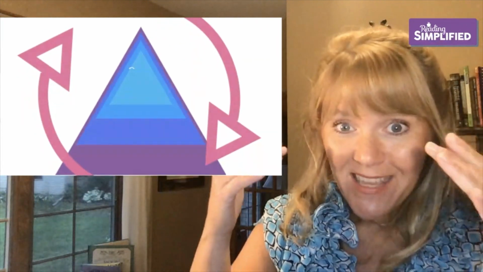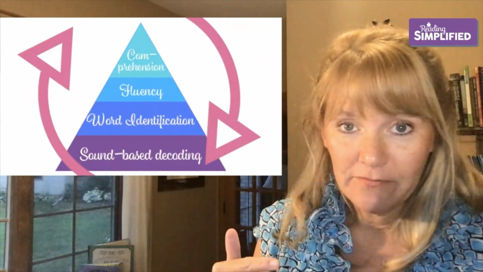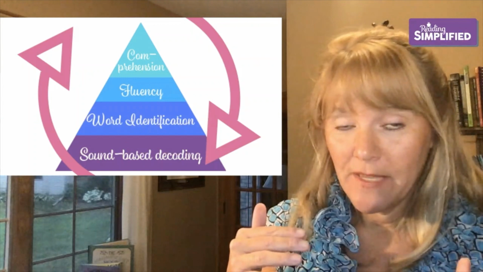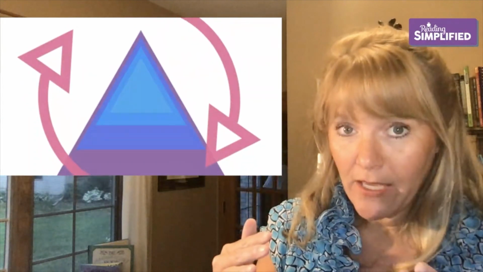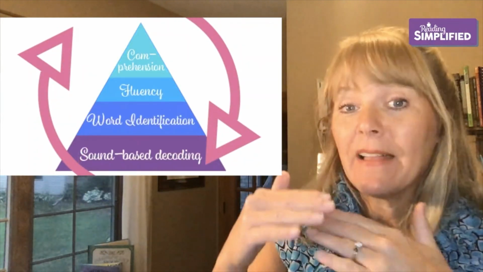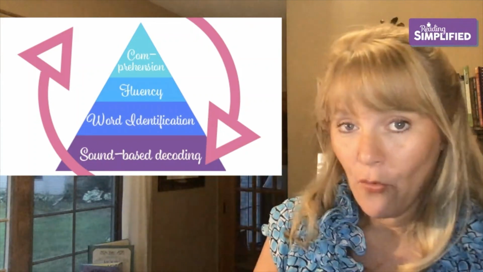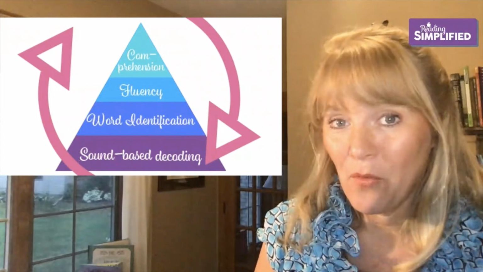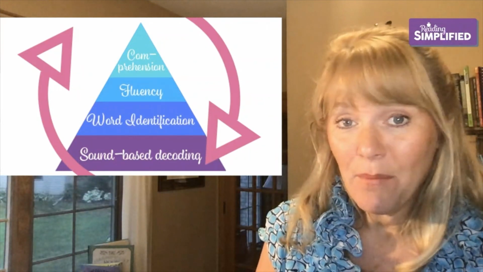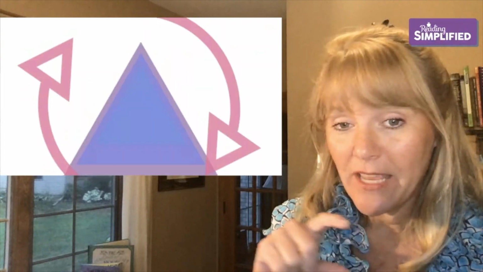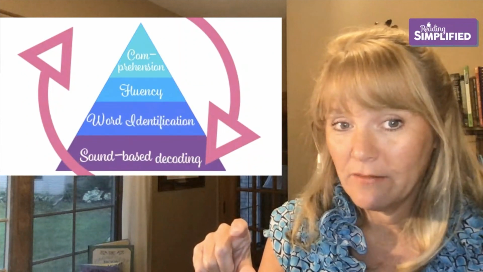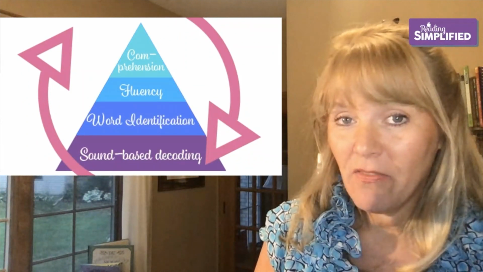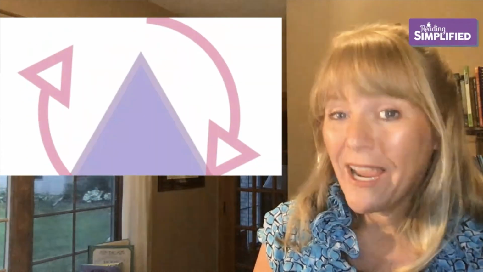But it's beneath the pinnacle of the triangle that tells us what to teach. This triangle tells us the developmental progression that most kids go through and that we need to guide them through to develop to the point where there's strong comprehension. They can't be strong in comprehension if that foundation of sound-based decoding is weak. They can't be good in comprehension if they can maybe decode, but they don't recognize any words.